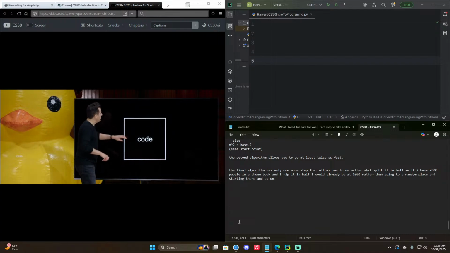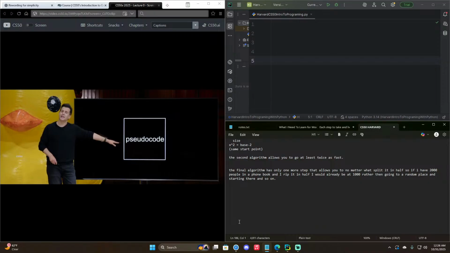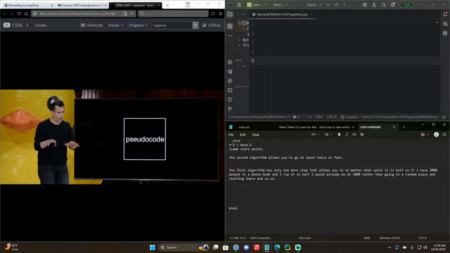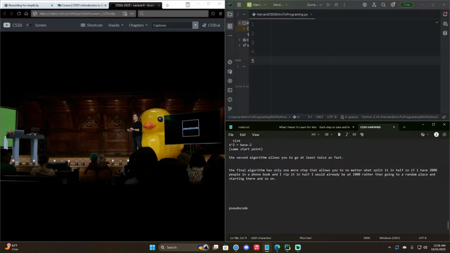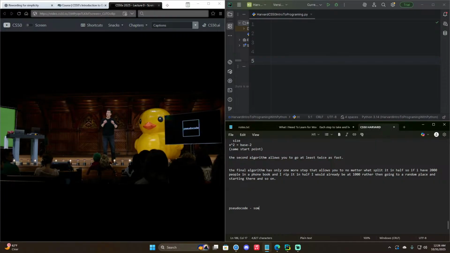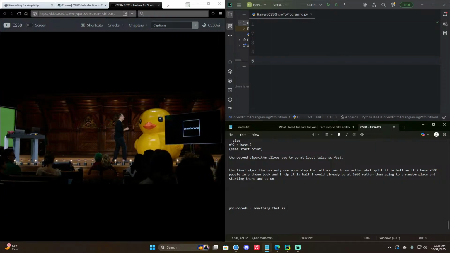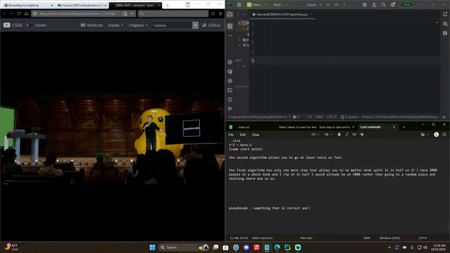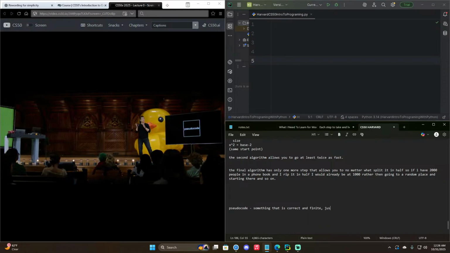But for now, let's consider how we might implement that algorithm using something that's literally still English, but pseudocode. Something that is still correct, but precise and finite, as per Professor Kernighan's advice, which is to say, use your own vernacular of English and just say what you mean, but very succinctly.